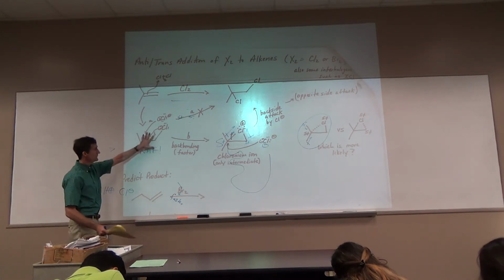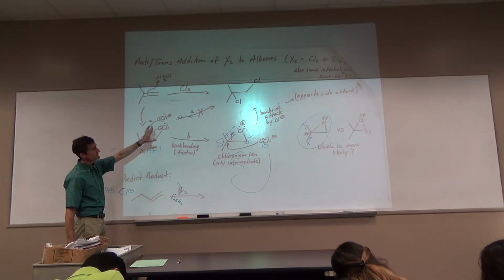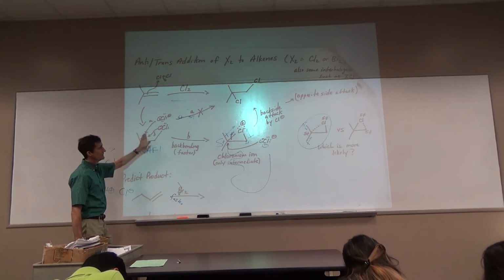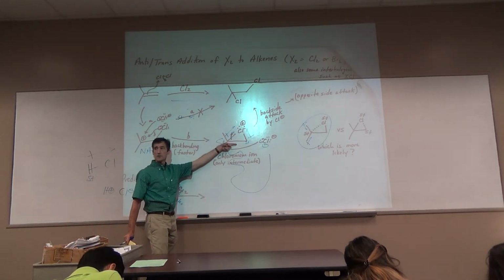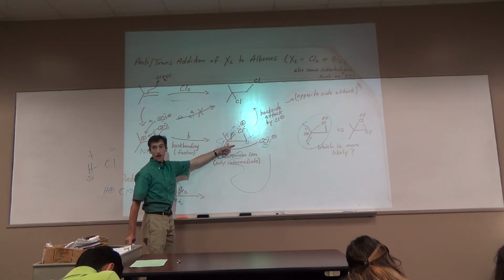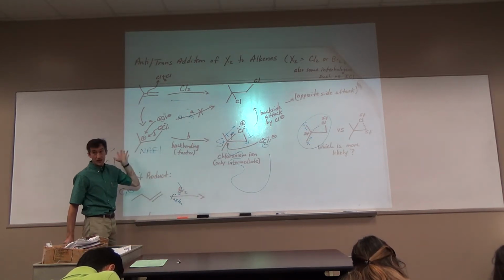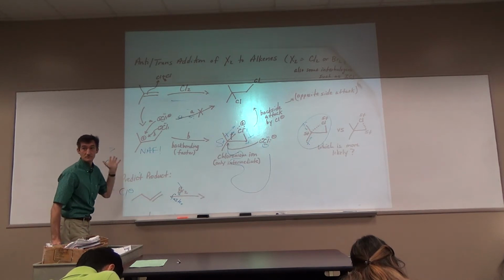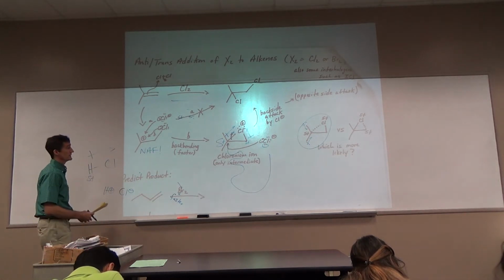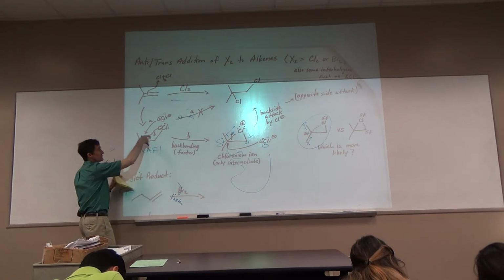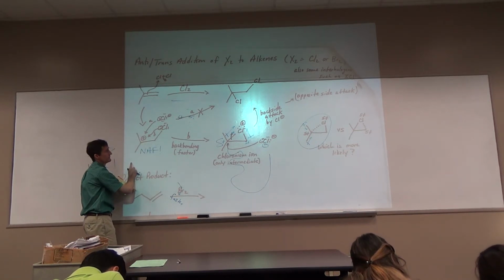Thus, if this is not actually formed, how many intermediates in this reaction? One. There's only one. It's called the chloronium ion. Did I show any other? I showed two, but I'm telling you one is not really there. So that means there's only one intermediate. So what's going on here, and why do I even show it?